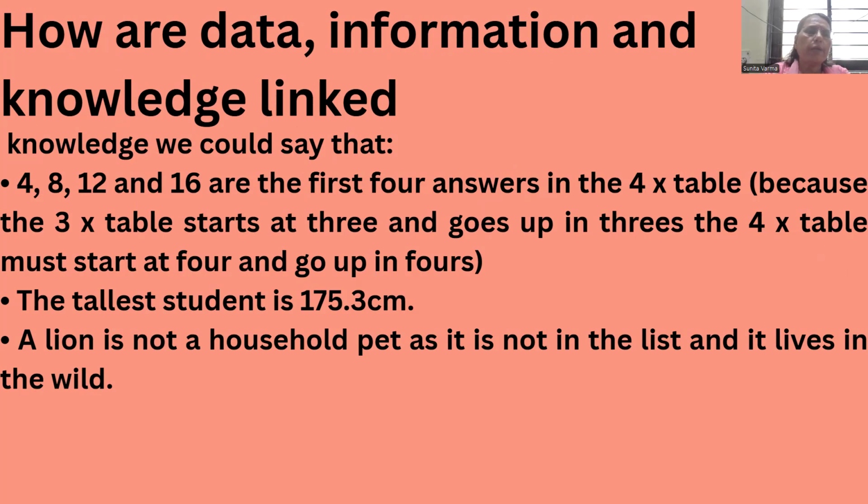If we say 4, 8, 12, and 16, they are the first four answers of the table of 4 that we can derive from our knowledge. What is our knowledge? Our knowledge is that the table of 3 starts with 3. When it is multiplied by 2, it becomes 6. So we can say that if the number starts with 4, when we multiply it by 2, it becomes 8.